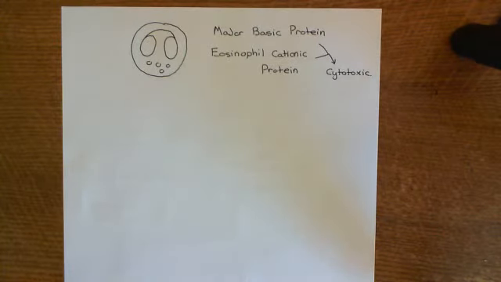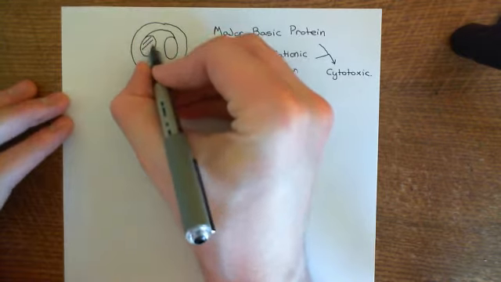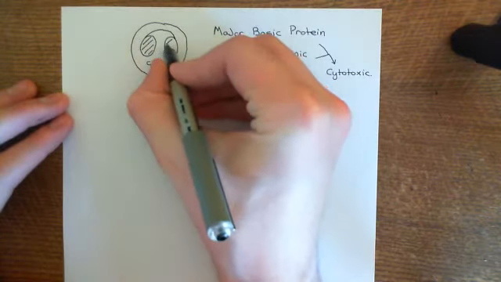And they're the only cell really that has a chance of taking down this pathogen. The others haven't got hope really. Okay, so eosinophils are a cell to be respected, basically, a very powerful cell of the immune system.